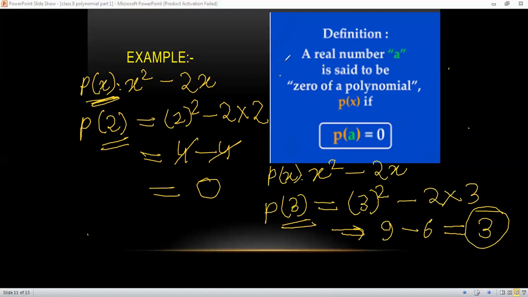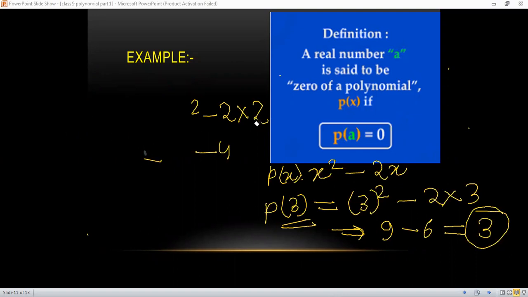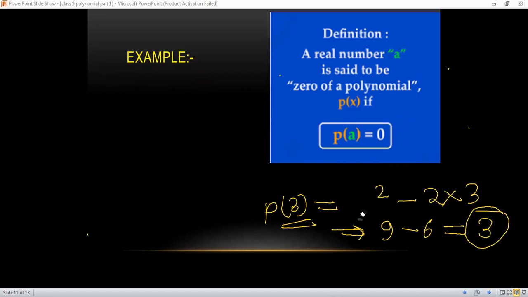So this is defined as zeros of a polynomial. That means for every number we will not get 0. For only a few values we can get 0, and that we define as zeros of the polynomial.